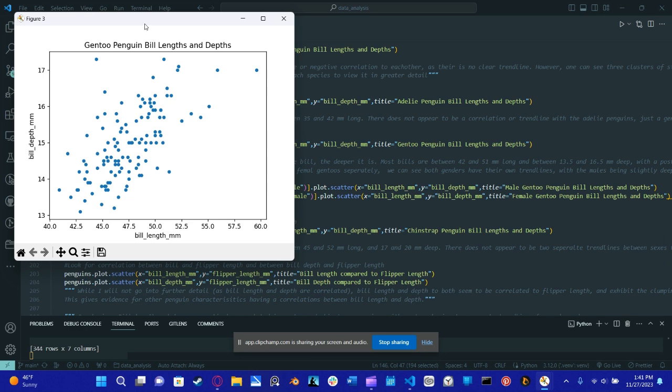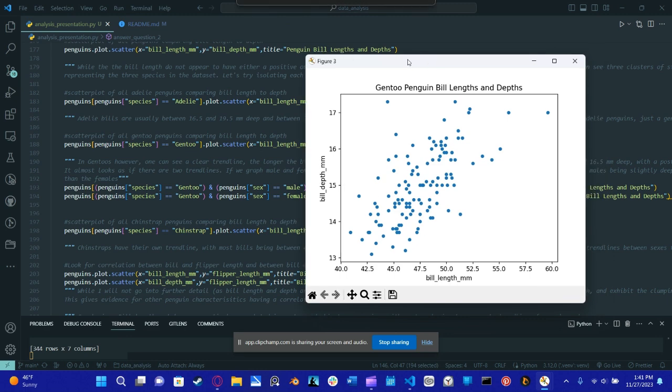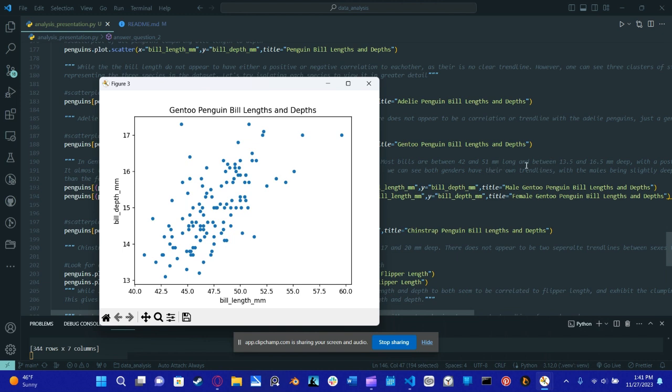Moving on to the Gentoos, we can see there is a much clearer relationship. One can see a clear trend line: the longer the bill, the deeper it is. Most bills are between 42 and 51 millimeters long and 13.5 and 16.5 millimeters deep, with a positive trend line or relationship.